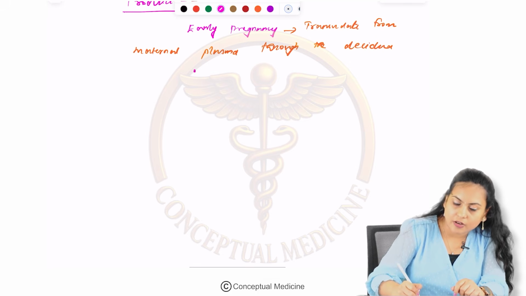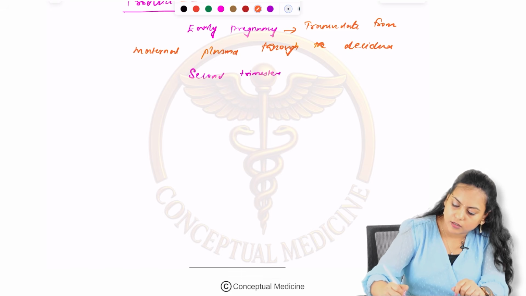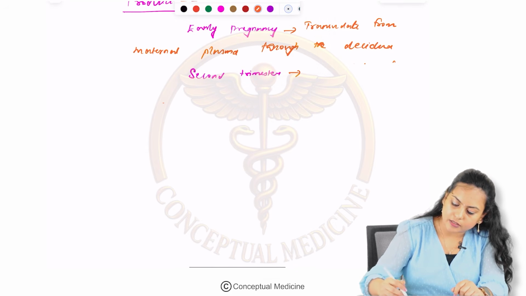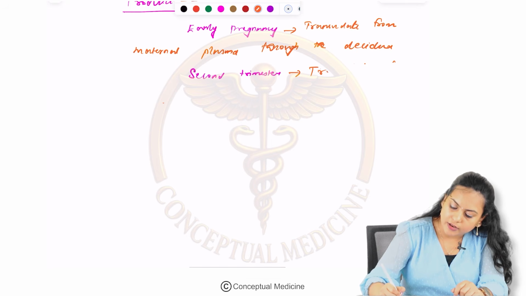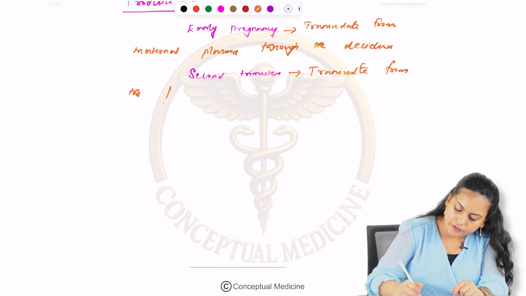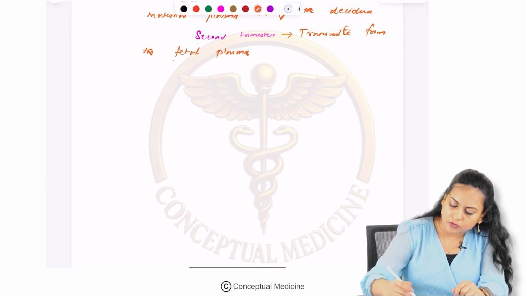And in the second trimester, this is obtained as a transudate from the fetal plasma through the fetal skin.